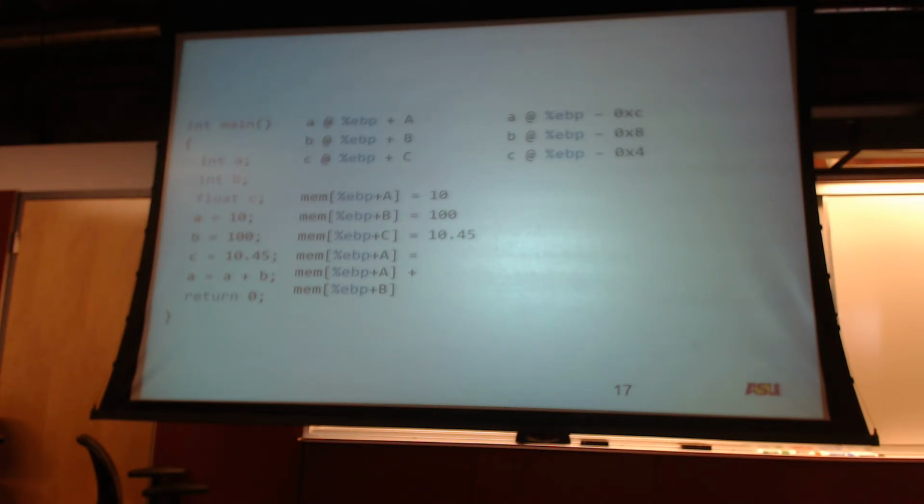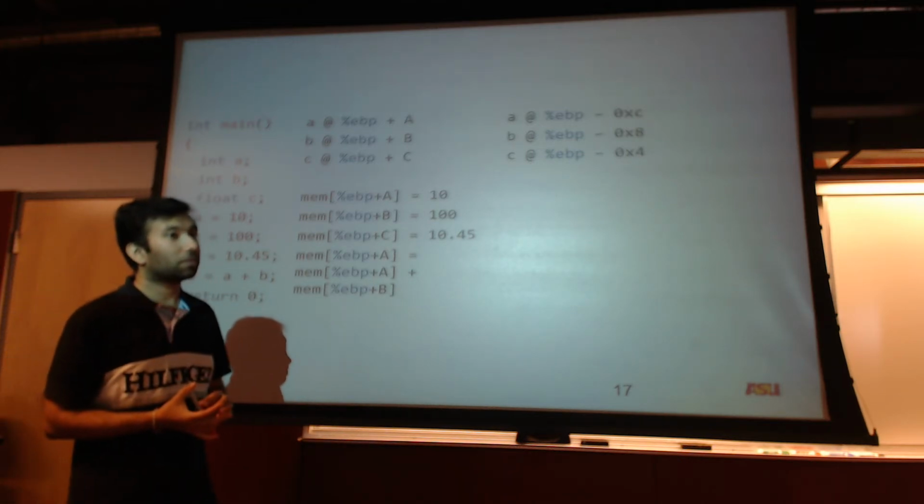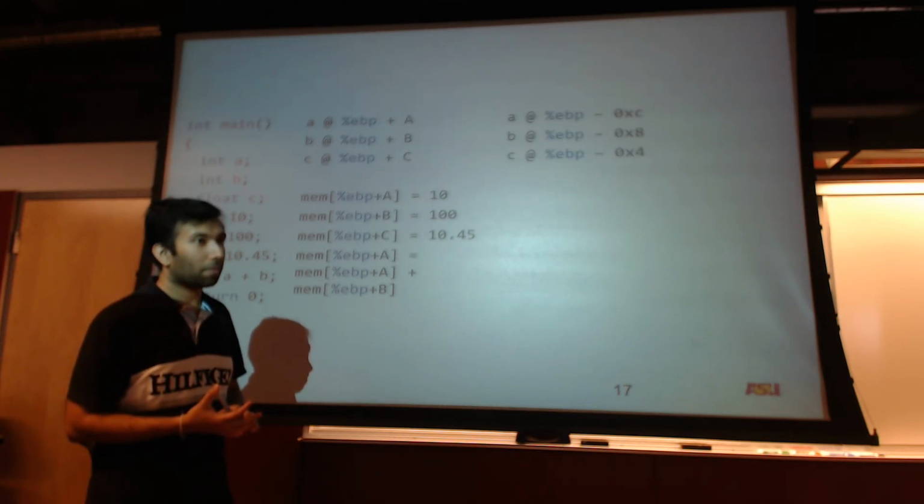Now what are we doing next? C is a float. So we can put values here. It just seems kind of misleading because there you're subtracting C from the address of the base pointer, correct?